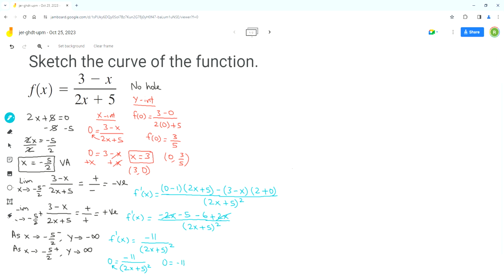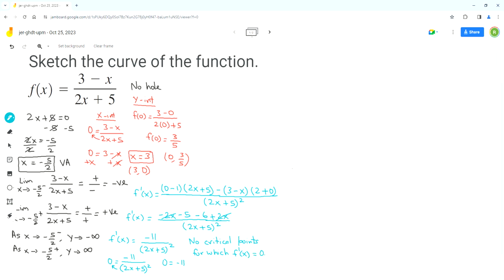So that means there are no critical points for which f prime of x is equal to 0.